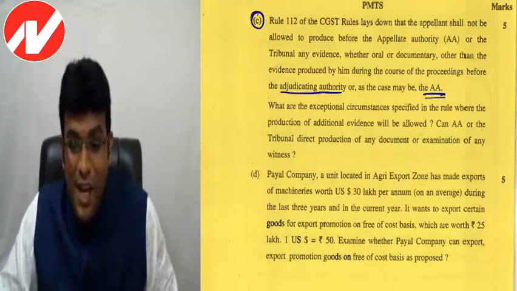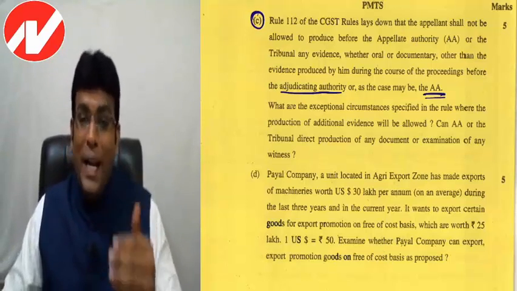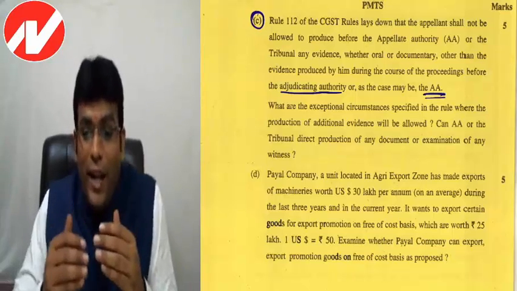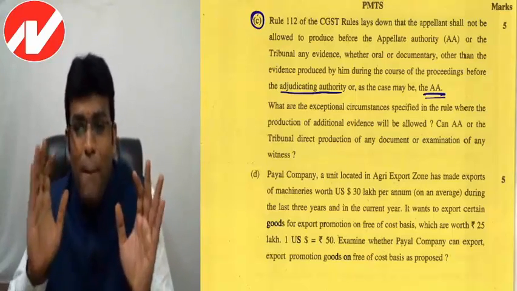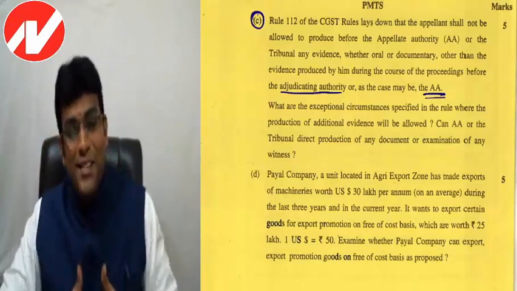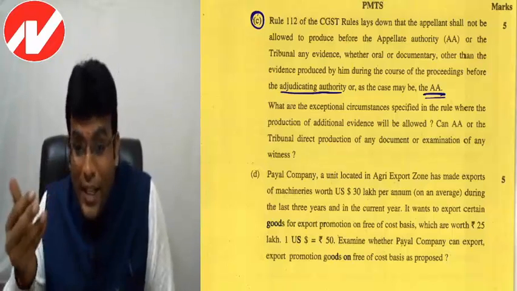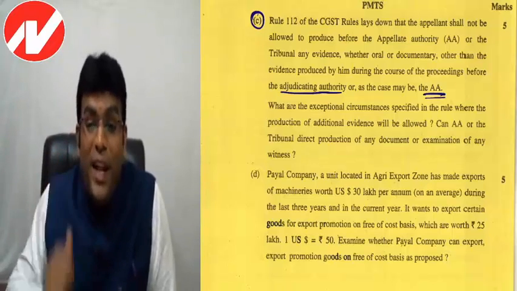Clear, my dear friends? Now, one point which I can tell you very clearly is that generally the appellate authority, appellate tribunal will not allow any additional evidence. But there are some cases where additional evidence is allowed. Number one, where the adjudicating authority or appellate authority has refused to admit the evidence.